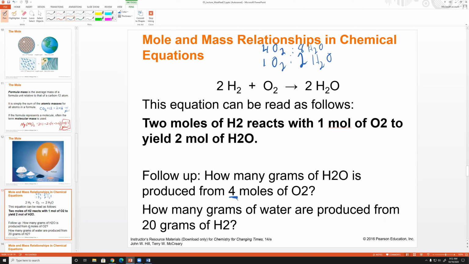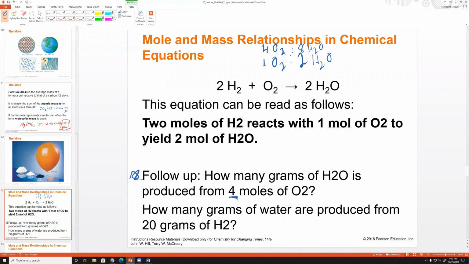Okay. So in the equation, you understand the ratio that 1 mole of O2 makes 2 moles of H2O, right? Yes. Okay. The question we're asking for this follow up is how much H2O is produced from 4 moles of O2.